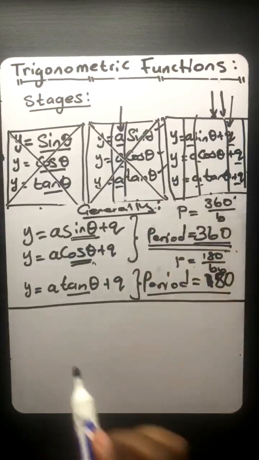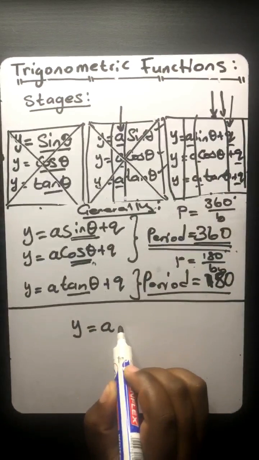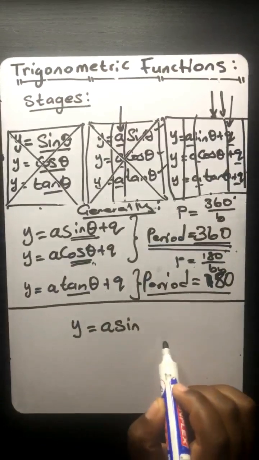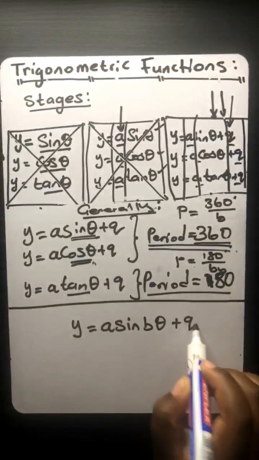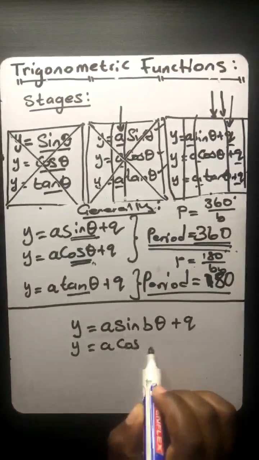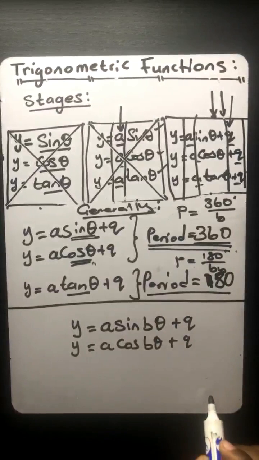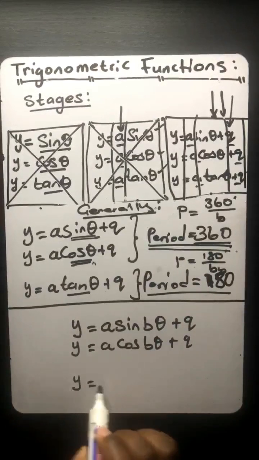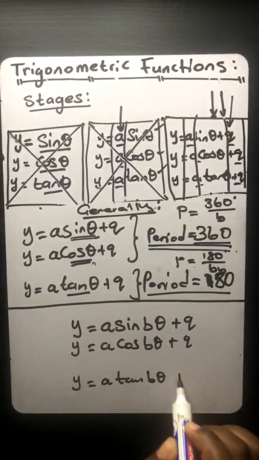So this is that stage. y equals a, let's maybe start with this one of sine, then this is where the B comes in, and then maybe plus q there. And then this is the other one, a cos B angle plus q. And then we still have that one, a tan B angle plus q.